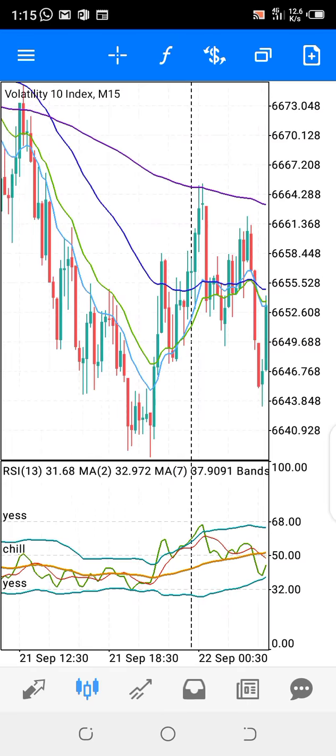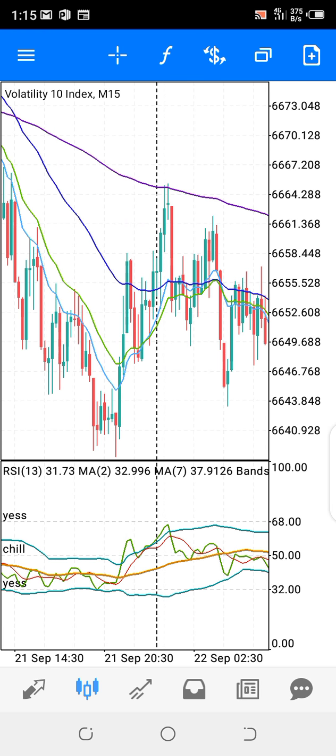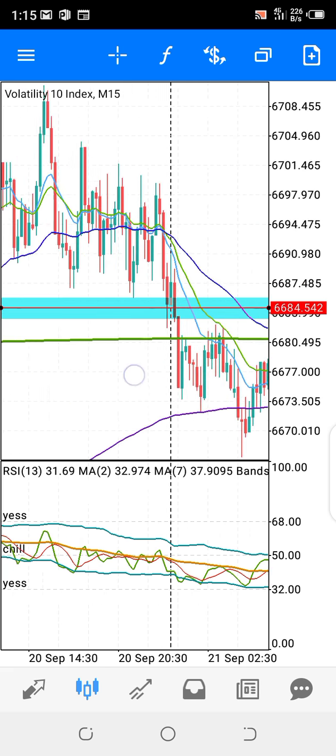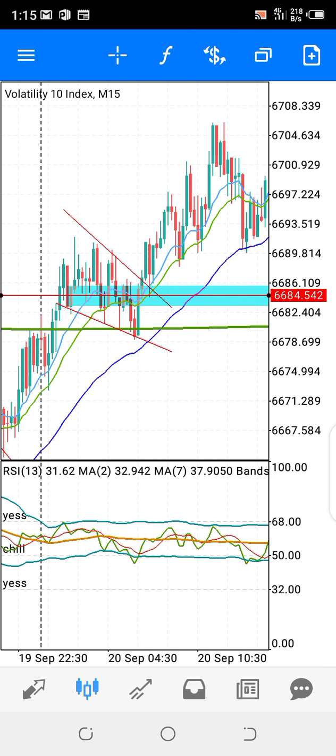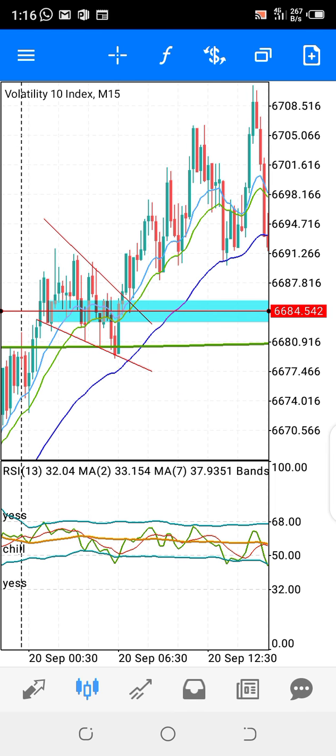It's not 100% win-win. Sometimes these things fail. So in case of failure, we don't need to damage your account. Right, so I wait for a candlestick to close above. Then I wait for a retest. Boom. Then I enter into this trade, make money.